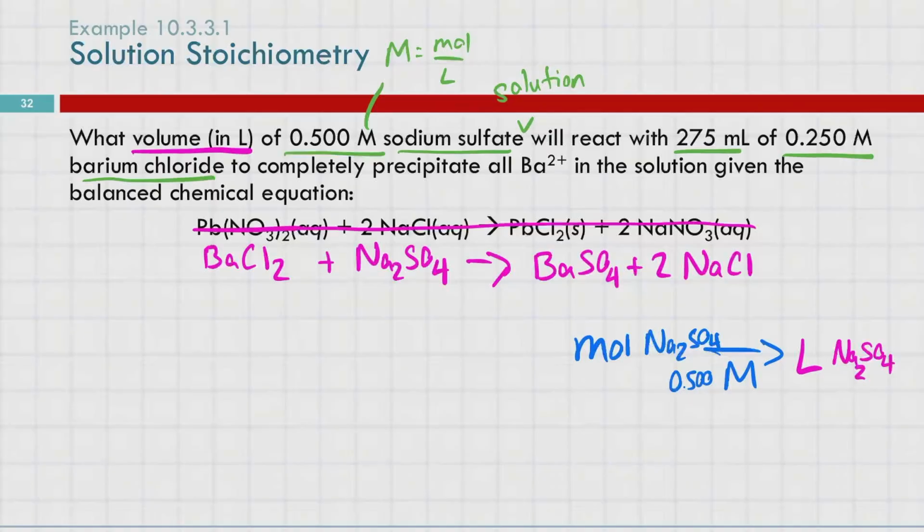And what's the chemical that we're starting with? Barium chloride. Can we get from barium chloride to moles of barium chloride to moles of sodium sulfate? Darn tootin'. We're going to use that ratio from the balanced equation that I wrote out.